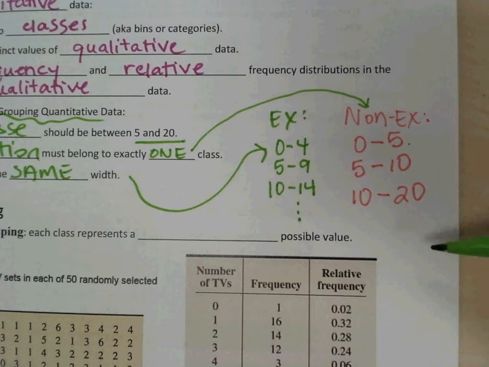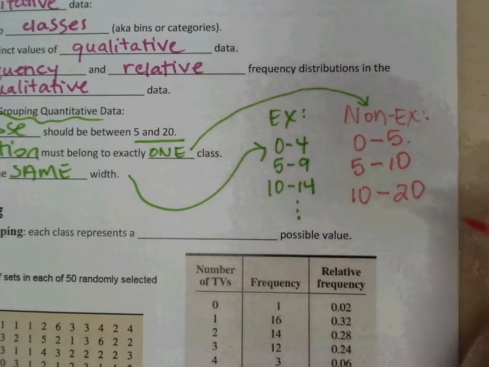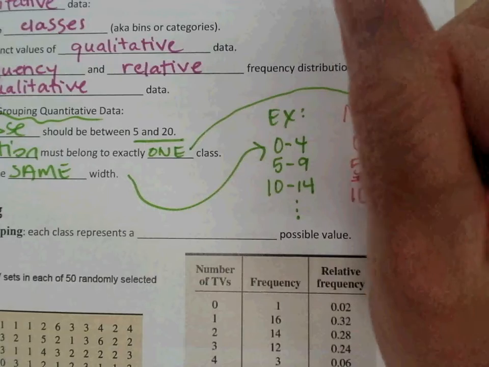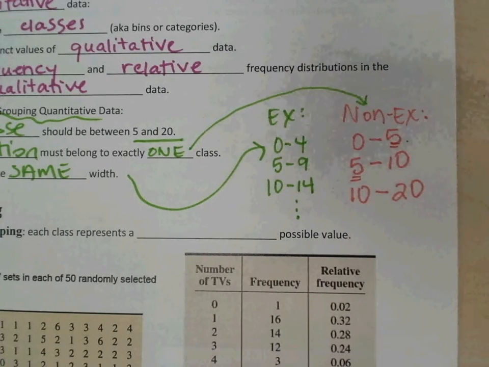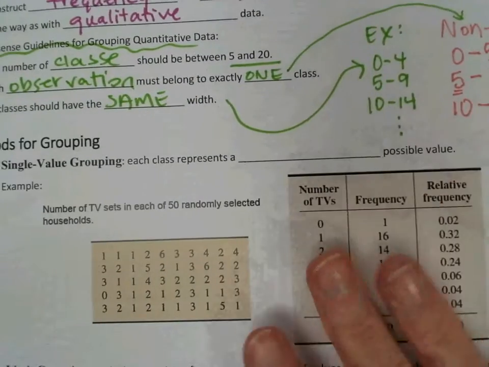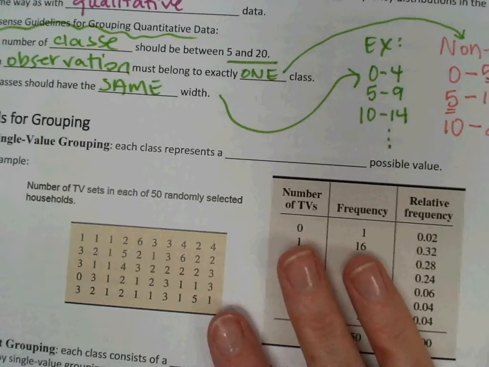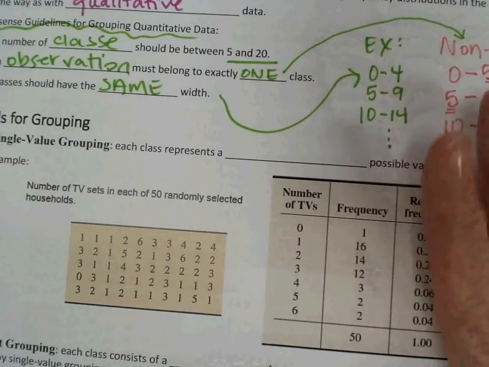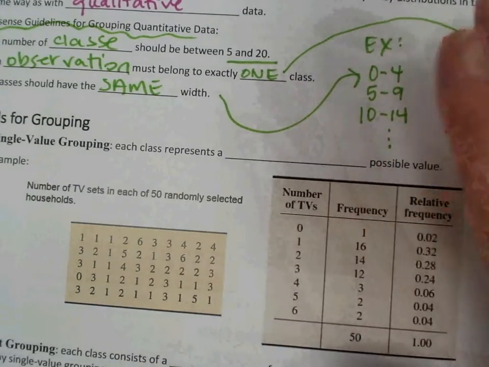So that does not qualify as meeting the 3 common sense guidelines. The other thing is, what if I have the number 5 in my data set? It would land in 2 different categories, so you can't have that. That's just a little reminder. This comes up quite a bit where we forget these common sense guidelines.